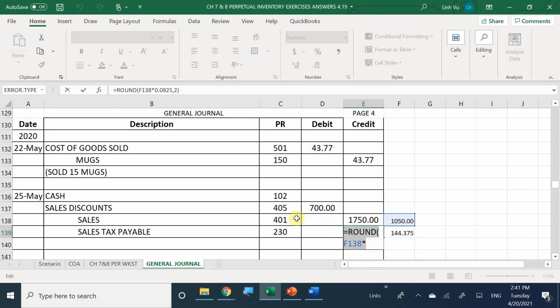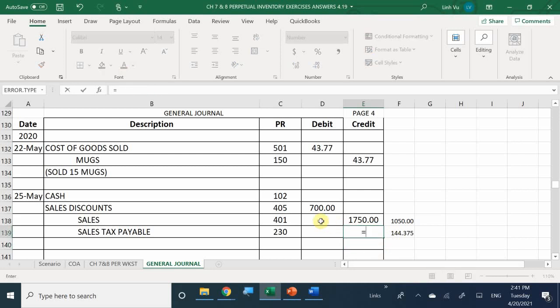So it's equal round. 1750 minus the 700. You may have to do 2 parentheses for that. Oh, and then another set of parentheses? Because if you don't, you're only multiplying the tax off of the 700.